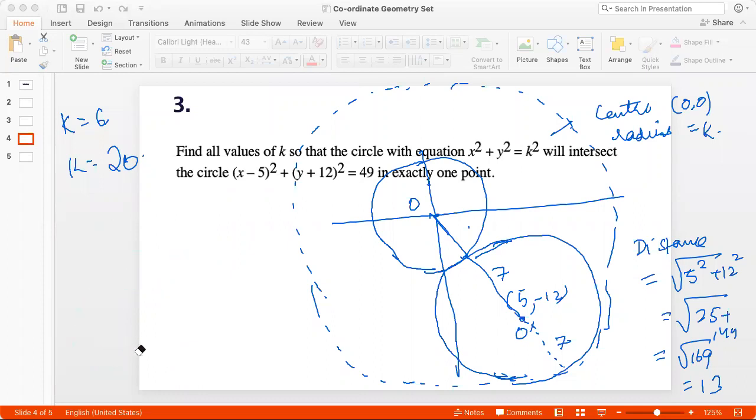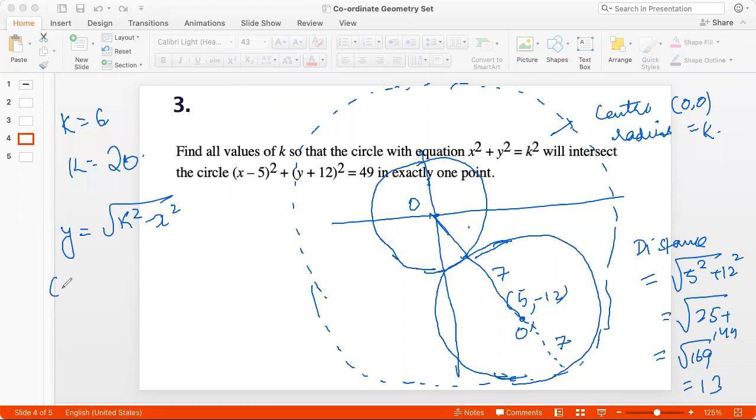Yeah, so algebraically, if you had tried to solve it, you would have had to substitute one variable from one equation to the other. So let's say I substitute y is the square root of k squared minus x squared in this other equation.